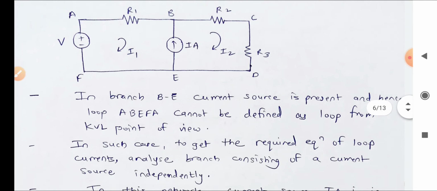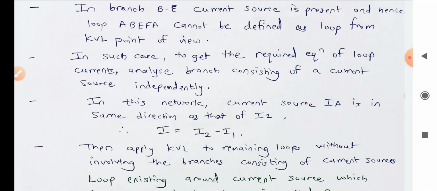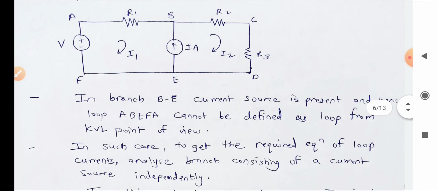So here the current source equation is I is equal to I2 minus I1. Now why is it I2 minus I1? Because the flow of loop current 2 is in the same direction as that of current source I. So I2 is more than I1. So I ampere is equal to I2 minus I1. Now this is our equation 1.